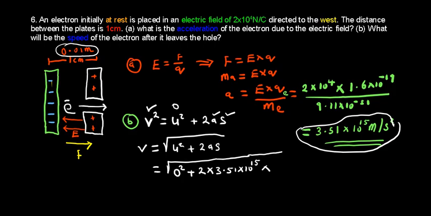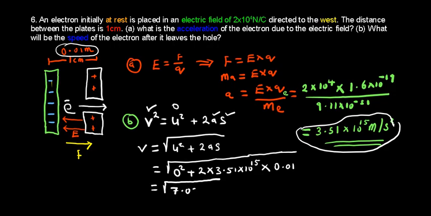So let's resolve that. We have the square root of 2 times 3.51 times 10 to the power 15 multiplied by 0.01. So we have 7.02 times 10 raised to power 15.